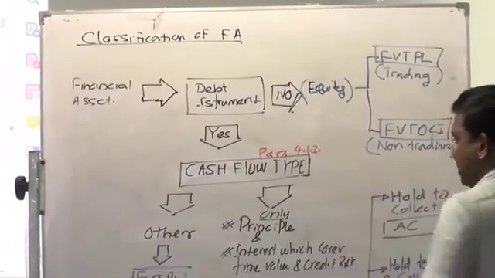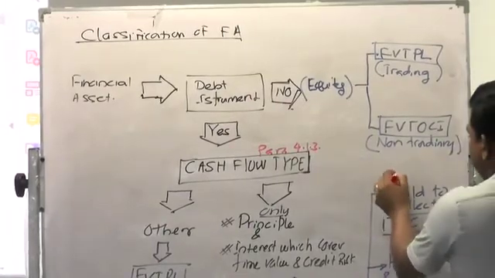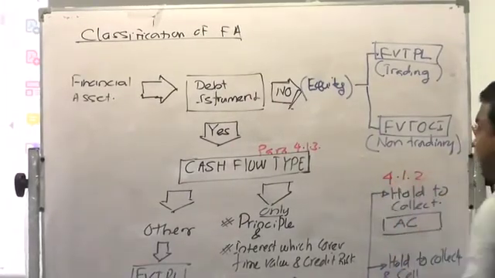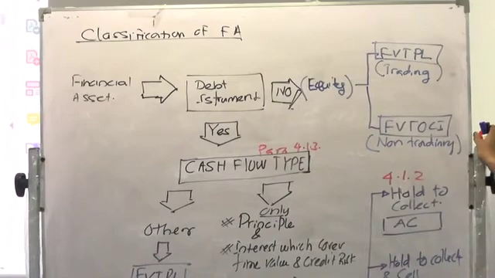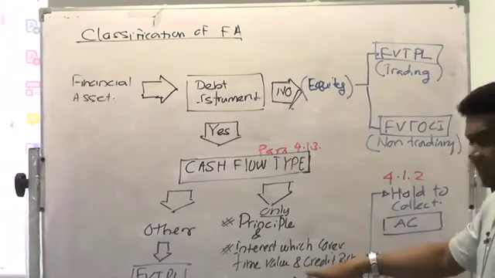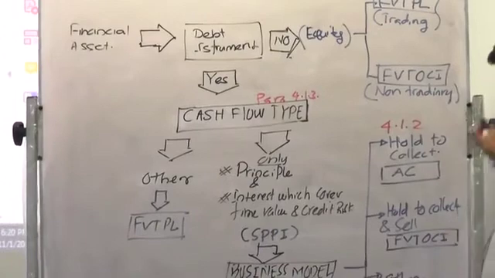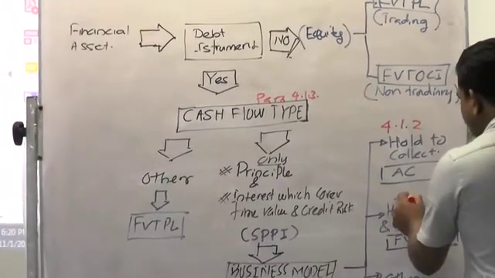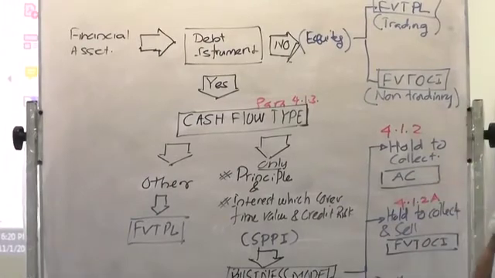Once SPPI is satisfied, if hold to collect is satisfied, it will be measured at amortized cost, 412. Clear? You need to take this picture into the first page, then you can fix the numbers. If SPPI is satisfied and the business model is hold to collect and sell, 412A. Is that clear?